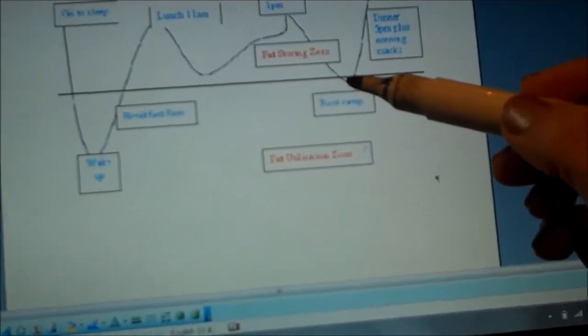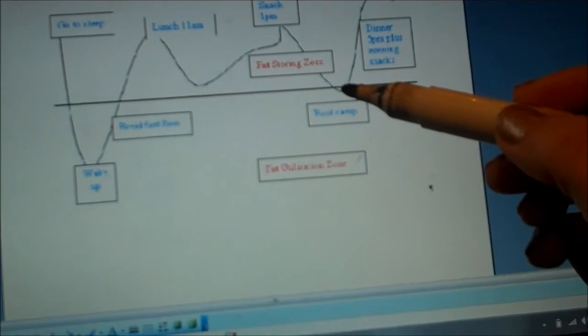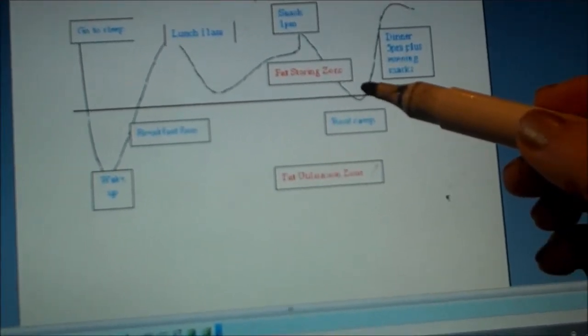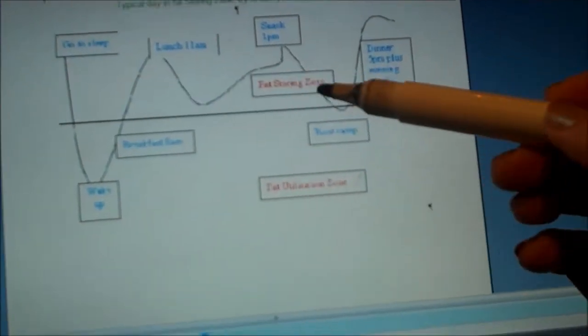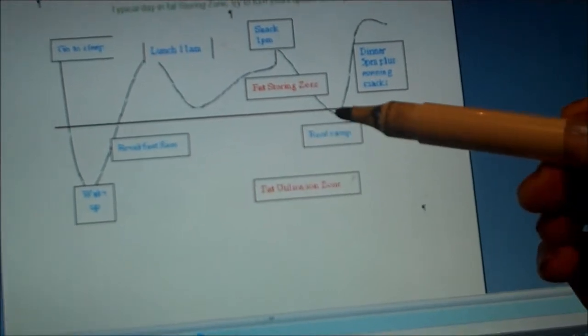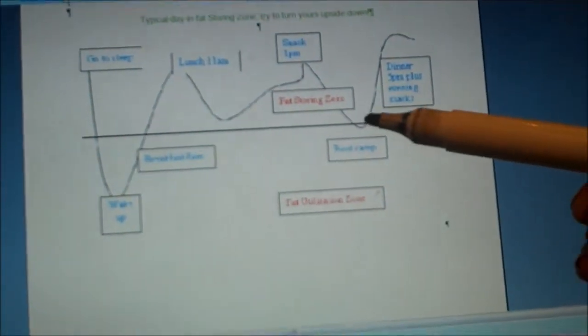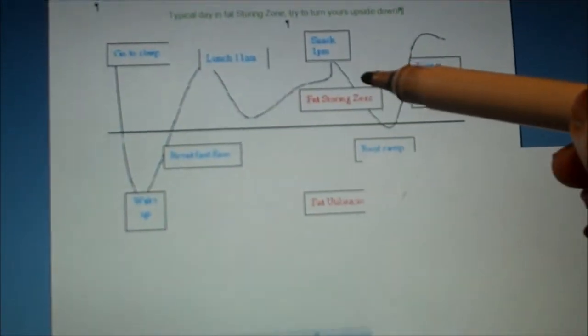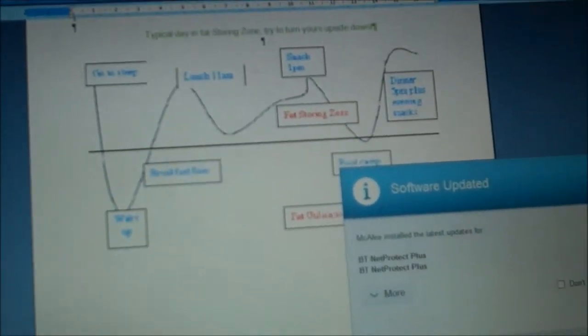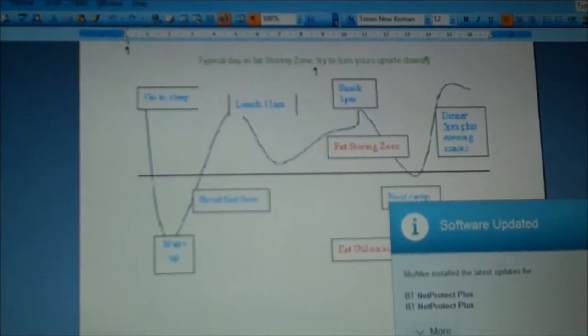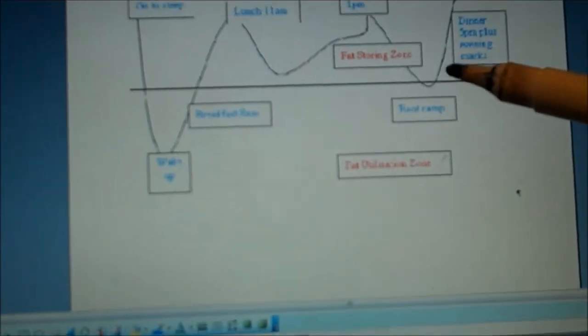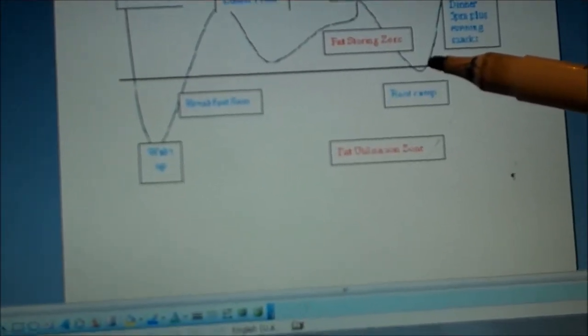So that's brilliant. However, predominantly, if you look back throughout the day, we've been more in fat storing zone than fat utilisation zone, here and here, compared to what's gone on at the top. So that's if we have a boot camp session in the evening, and then after boot camp we'll go home and we'll have dinner.